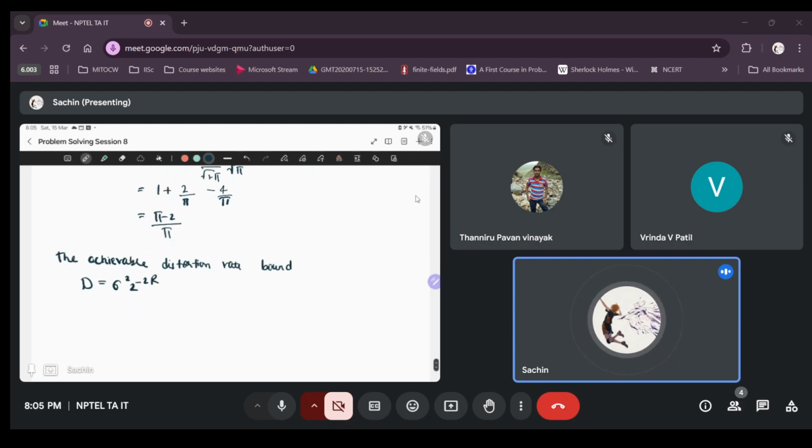This is for a Gaussian source, distributed according to the Gaussian distribution with mean 0 and variance sigma square. So there was a bound.